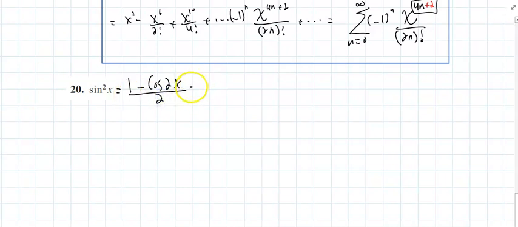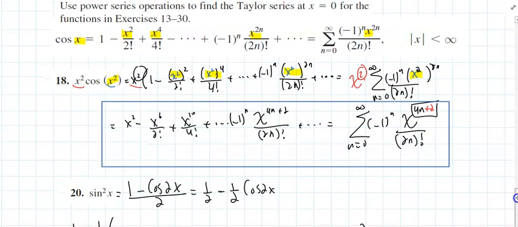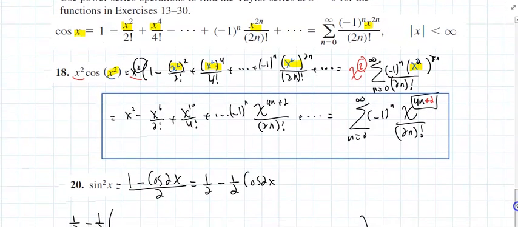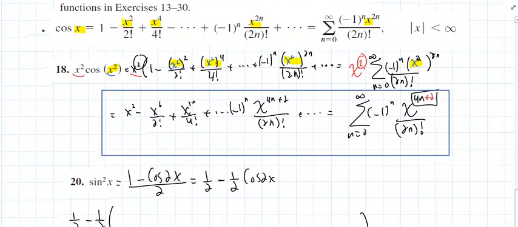So we would say this is 1/2 minus 1/2 the cosine of 2x, and that would be 1/2 minus 1/2 times, and what's cosine? Well, we just did cosine on the previous problem. It's right there. And what are we going to replace x with? 2x. And what would that be?